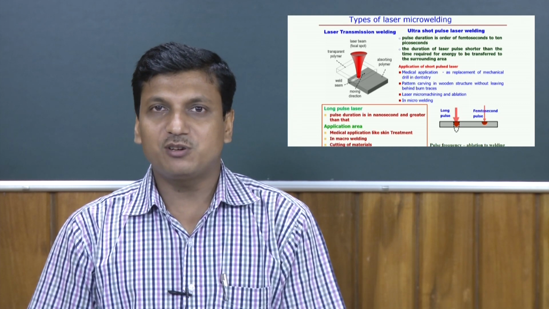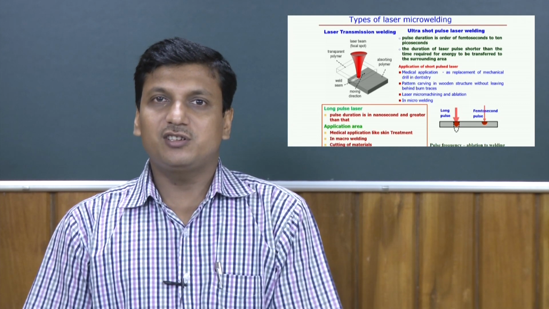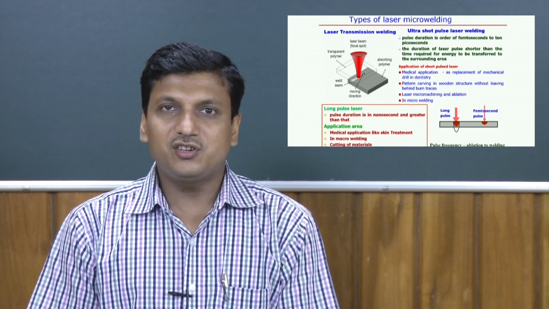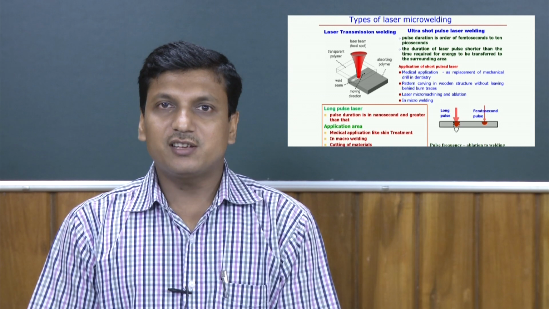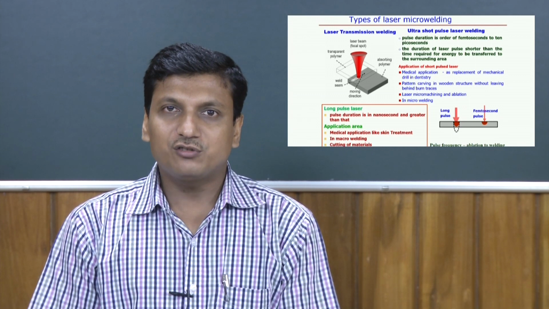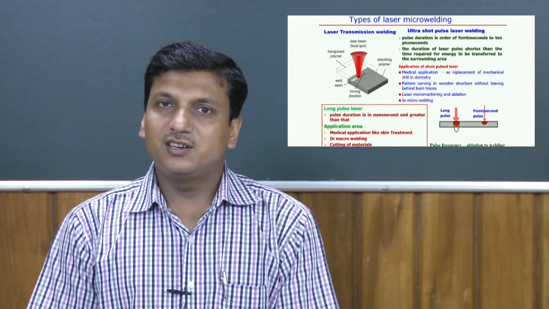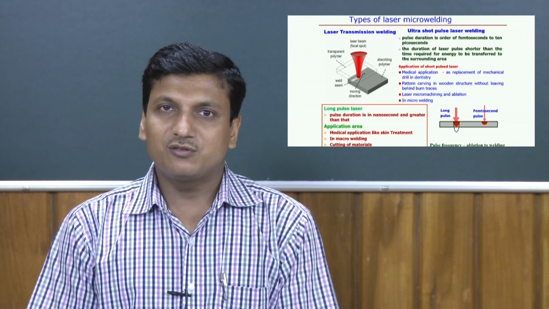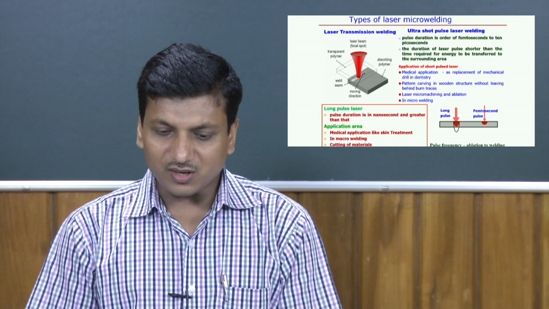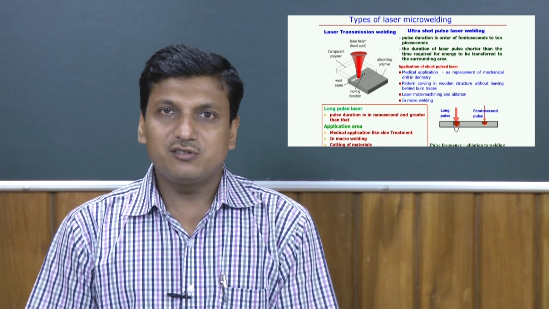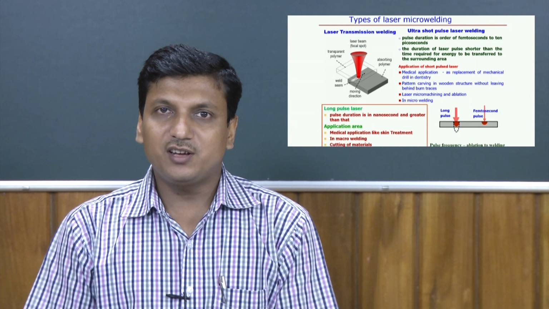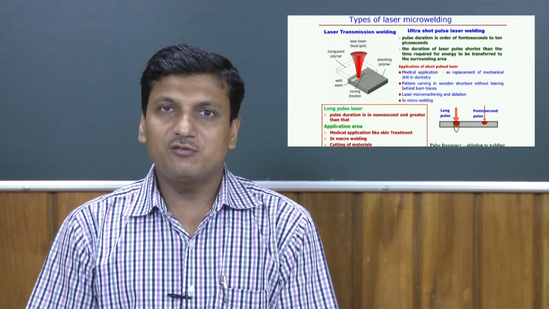These two types of relaxation we need to consider in the case of ultra short pulse laser, and it is not required for medium or long pulse laser welding processes. The theoretical aspect we will look into for ultra short pulse laser is very much different from the normal, medium or long pulse laser.